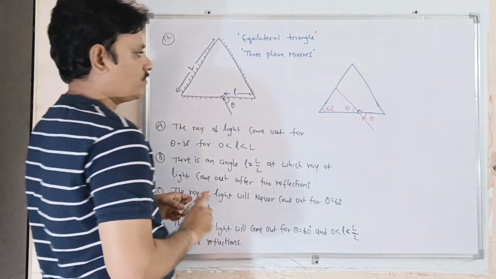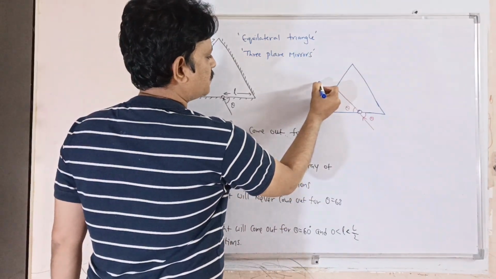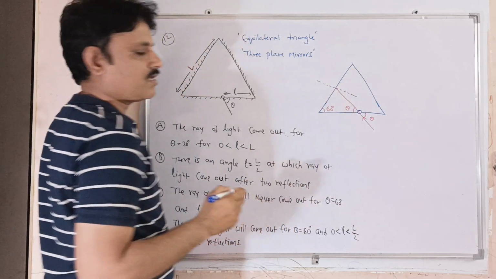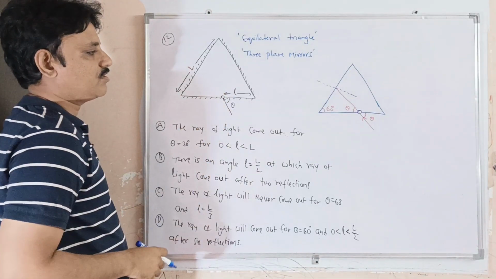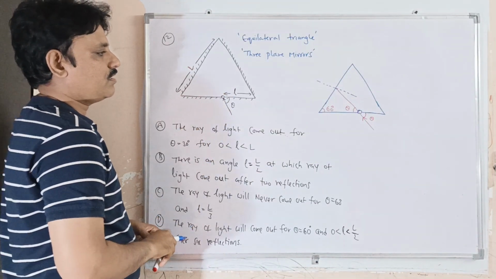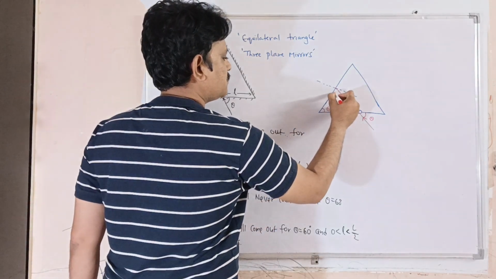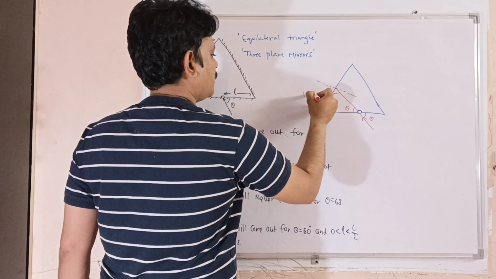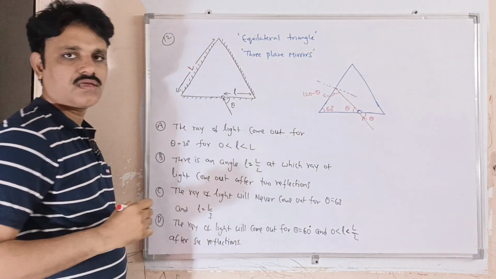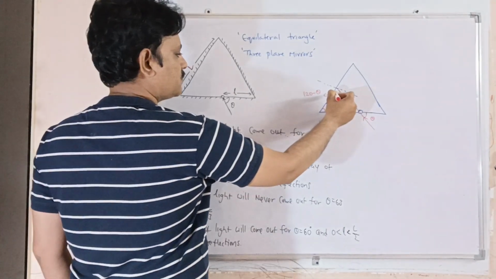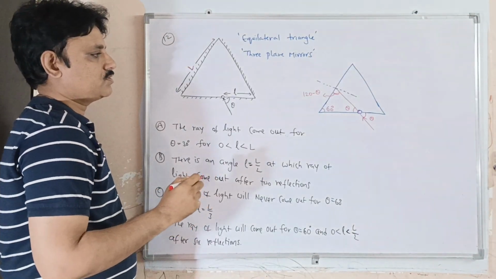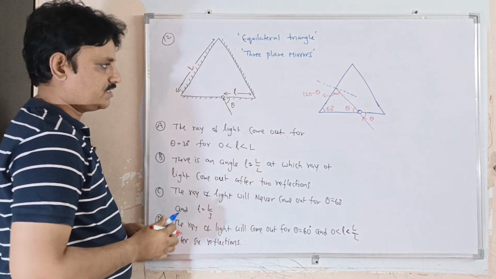If you draw the normal, this is the normal line, perpendicular to that mirror. The angle here is 60 and this is theta, and this is 120 minus theta. Because the sum of the three angles is 180 degrees, the third angle is 120 minus theta.